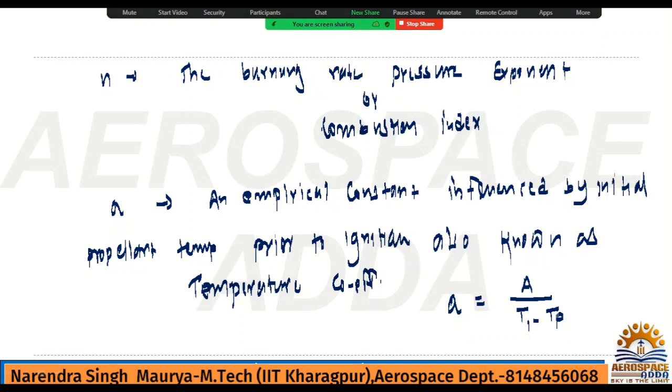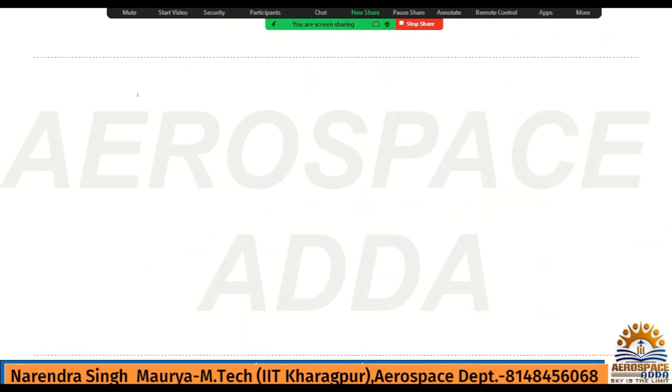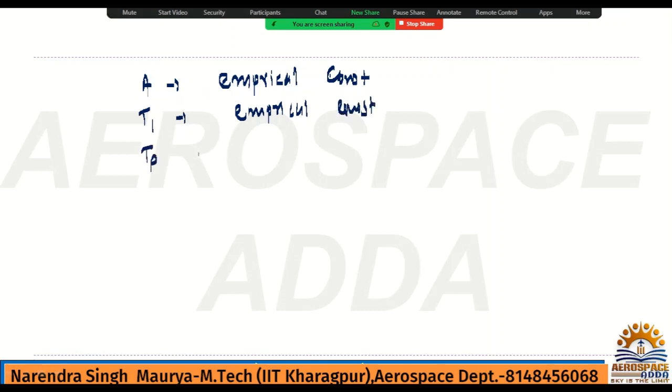Here capital A is an empirical constant, T1 is an empirical constant, and Tp is the propellant temperature prior to ignition.